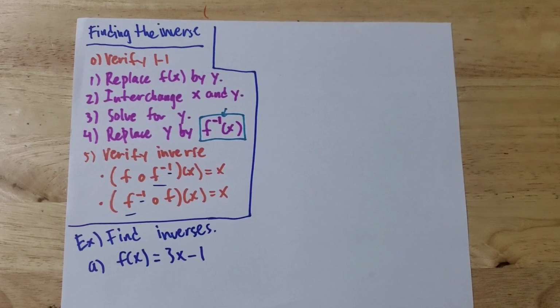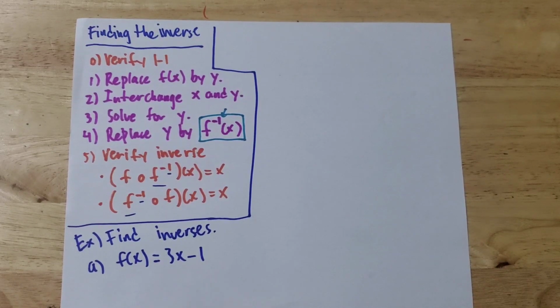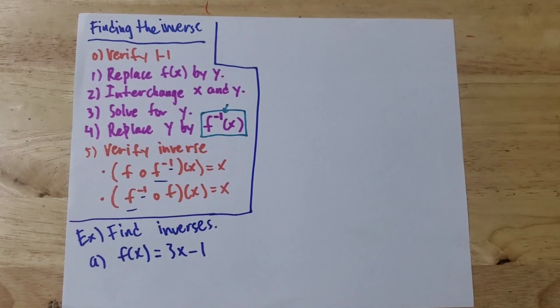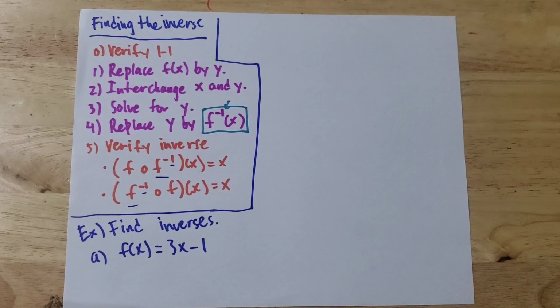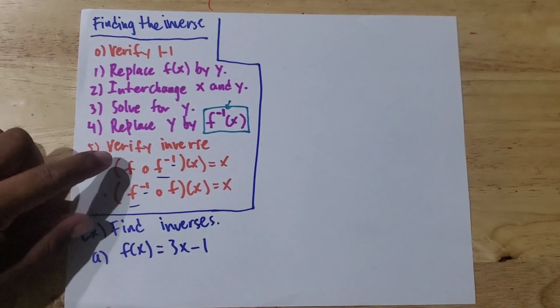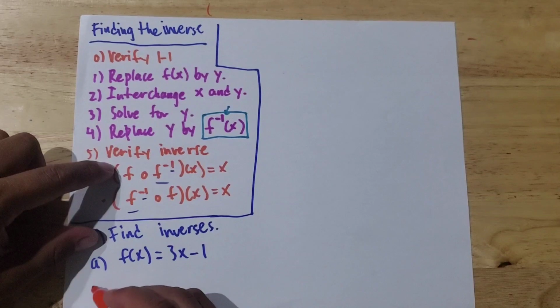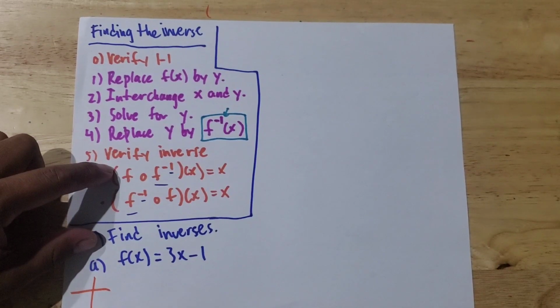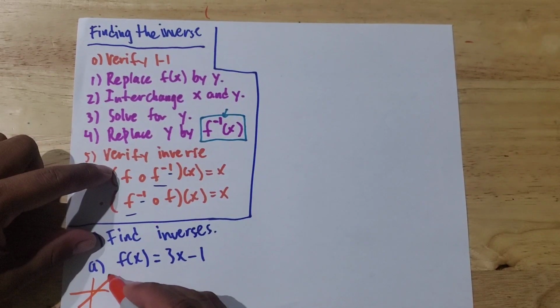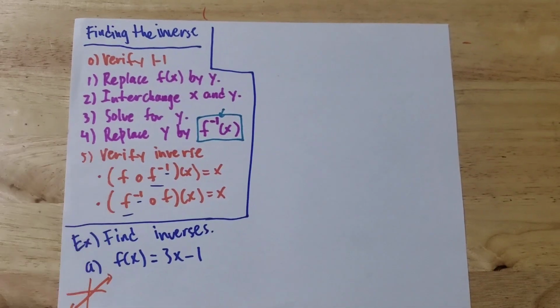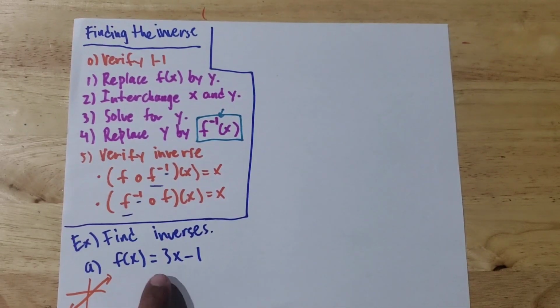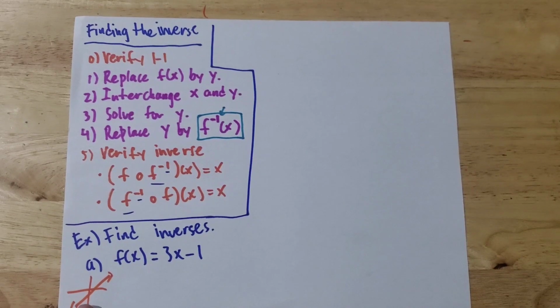Alright, so again, this is a linear function. How do linear functions look? I can draw, again, this has a positive slope, so I know it's going to look something like this. Again, it's a parent graph. We know the slope is positive, the y-intercept is -1.